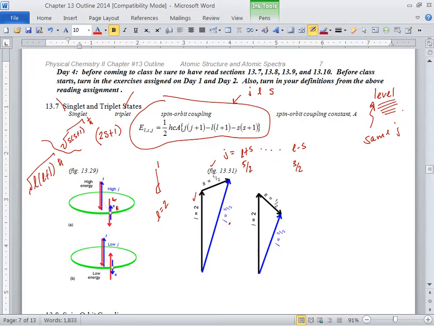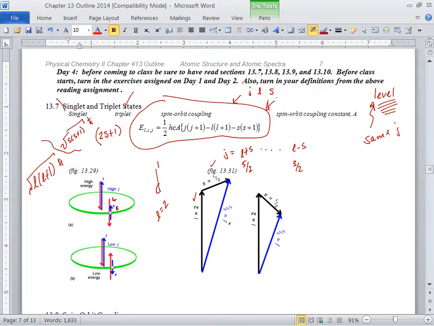Now, how do you get these energies? Pretty much you just plug in what J, L, and S are for one electron, and you get the actual energies. A is the spin-orbit coupling constant, so it's just going to be some number. h is Planck's constant, c the speed of light. But notice, how would you get the lowest energy? Just by looking at the equation, for the lowest energy you want J to be really small, L to be really big, and S to be really big.